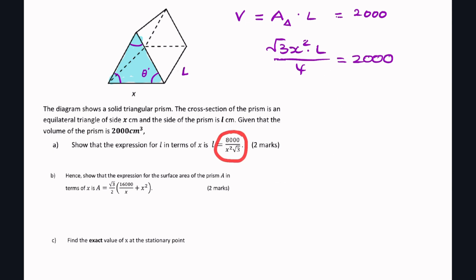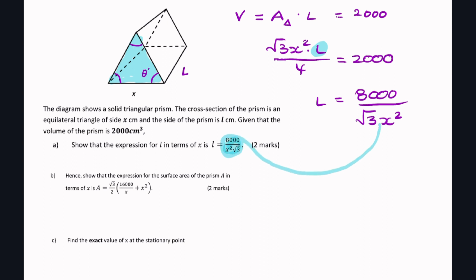All we need is to rearrange this to find L. To rearrange an expression like that, you would multiply both sides by 4. So that will give you 8,000. And then you divide by root 3 x squared. So L would give me 8,000 divided by root 3x squared. And that's exactly what they asked us to find there.